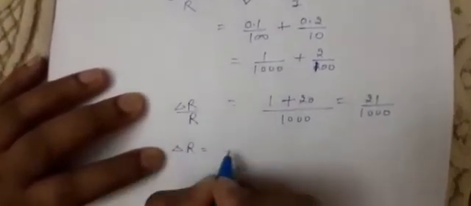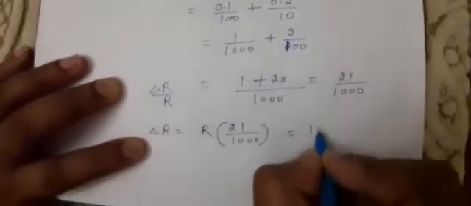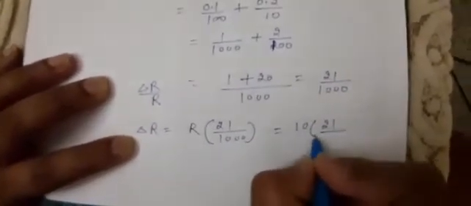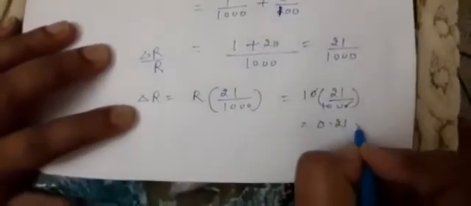Now, as we have taken del R upon R, what will be the absolute error? You will cross multiply R to the opposite side. R here is 10 from the calculations, so this is 0.21 ohm.